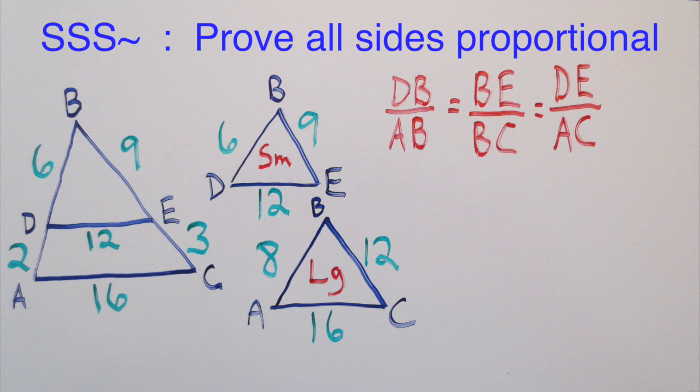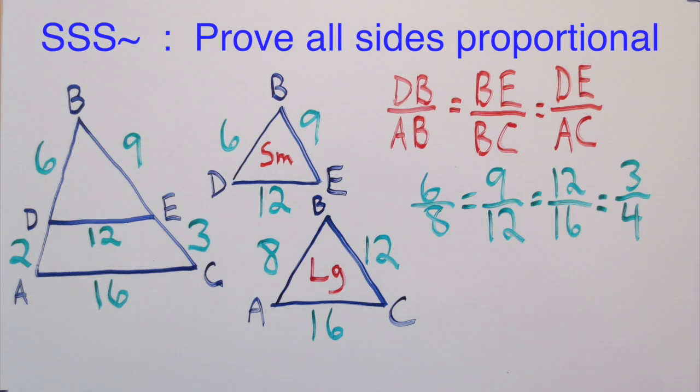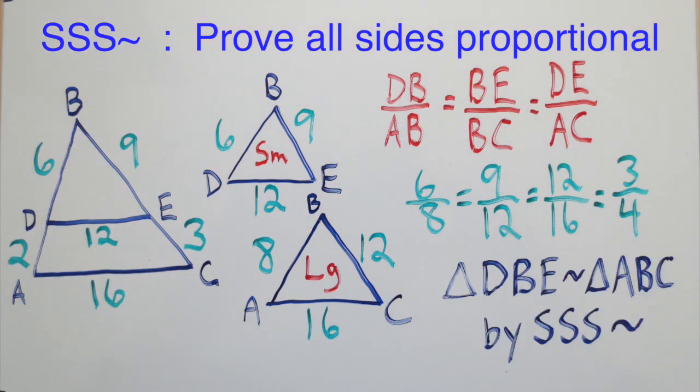And then to prove that that's true, we'll go ahead and add our numbers. 6 over 8 equals 9 over 12 equals 12 over 16. Those all reduce to 3/4. And our last step, go ahead and write triangle DBE is similar to triangle ABC by side-side-side similarity.